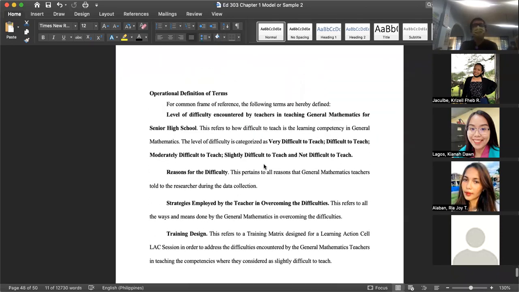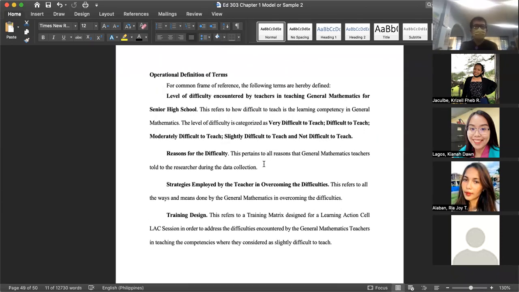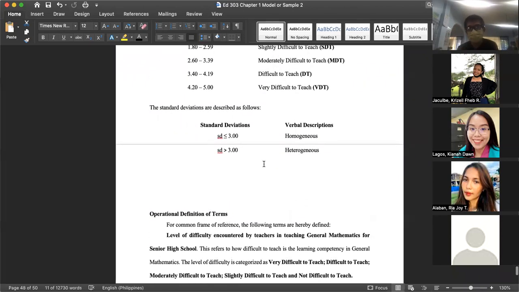Okay. Then we have operational definition of terms. Now take note that in the operational definition of terms, only the terms found in the statement of the problem should be defined.